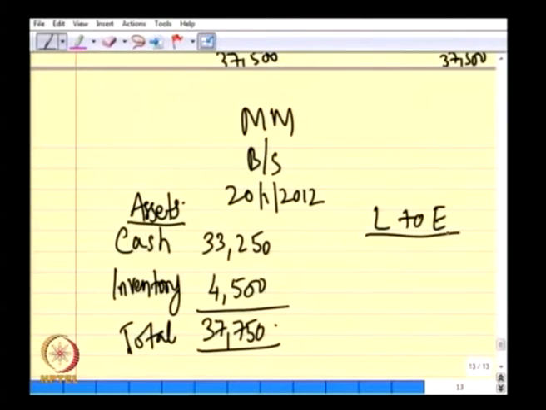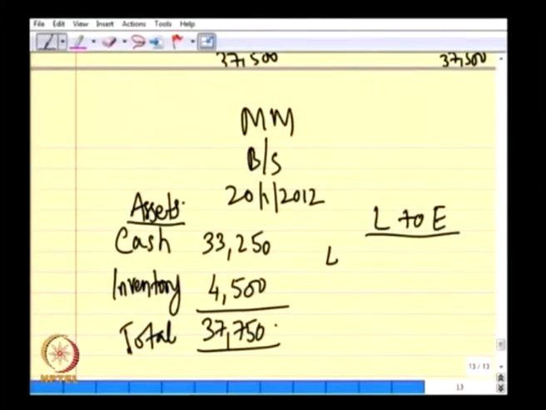Now, how do we record this in the liabilities and owners equity? Has the fact that I have sold inventory worth 500 for 750 rupees changed my equation with the bank? No, because I still owe the bank. So, my loans payable does not change.